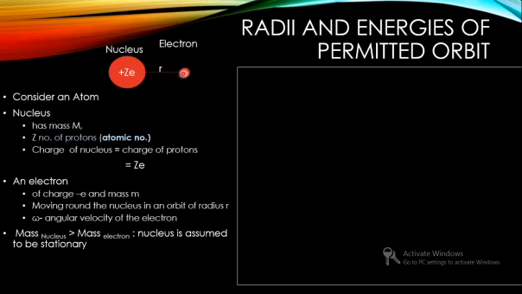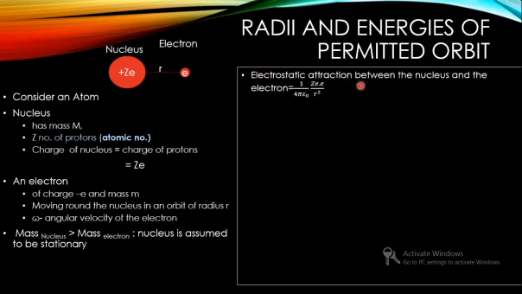Compared to the mass of the electron, the mass of the nucleus is huge. So the nucleus is assumed to be stationary, and the electron is supposed to be rotating about the nucleus. Considering all these things, there is a negatively charged electron and a positively charged nucleus. So what will be there? An attraction. What kind of attraction?